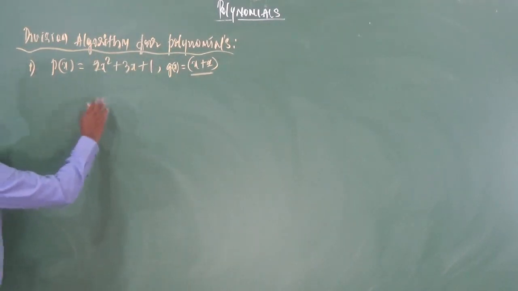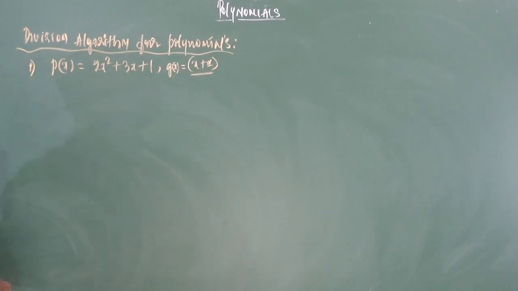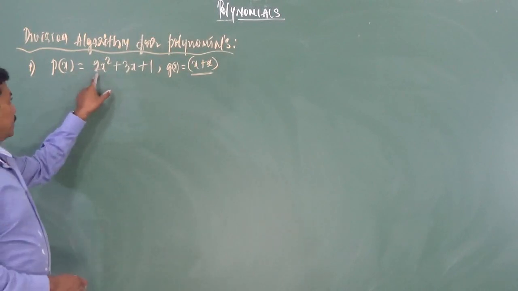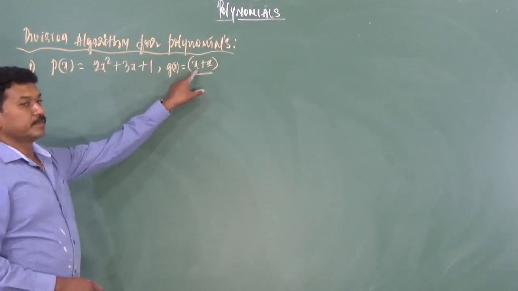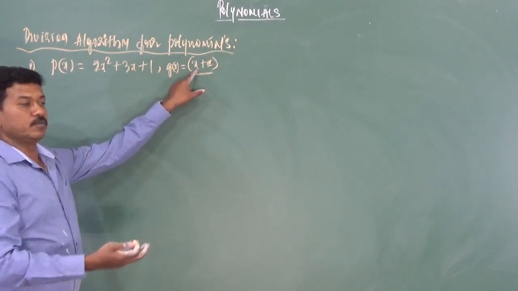Now let us divide this polynomial p of x by g of x, that is x plus 2. Here, this is a quadratic polynomial, and this is a polynomial with degree 1, a monomial.